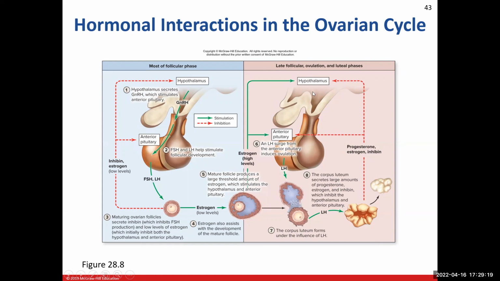So the hypothalamus is no longer producing gonadotropin releasing hormone. And also the anterior pituitary is no longer producing LH, no longer producing FSH. Okay, so we've stopped that process. And this goes on for 3 months, and then eventually our corpus luteum degenerates into the corpus albicans because the placenta has taken over the role.